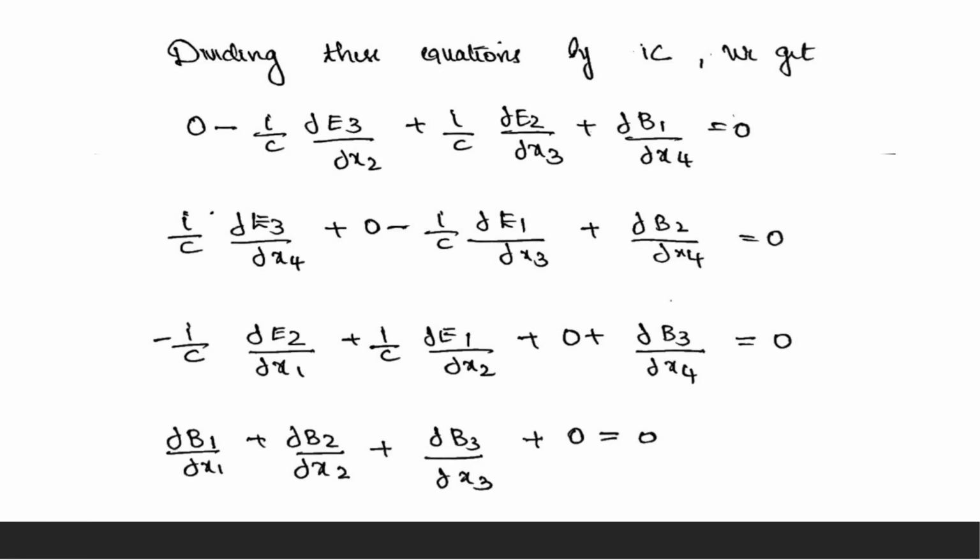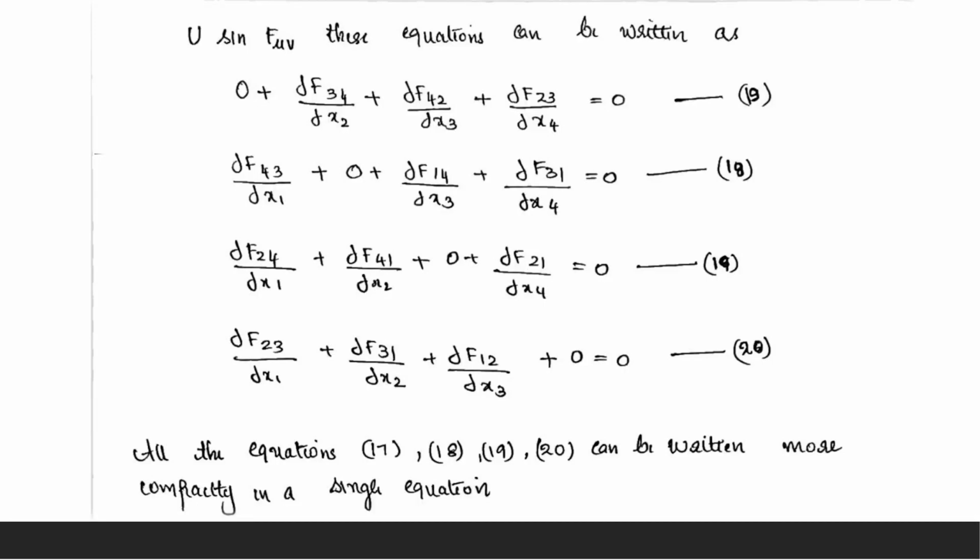Then i by c into ∂E3 by ∂x4 plus 0 minus i by c into ∂E1 by ∂x3 plus ∂B2 by ∂x4 is equal to 0. Similarly, minus i by c into ∂E2 by ∂x1 plus i by c into ∂E1 by ∂x2 plus 0 plus ∂B3 by ∂x4 is equal to 0. Then ∂B1 by ∂x1 plus ∂B2 by ∂x2 plus ∂B3 by ∂x3 plus 0 is equal to 0.